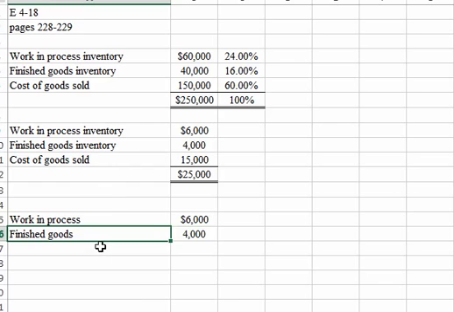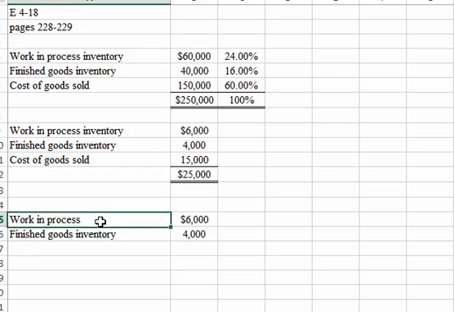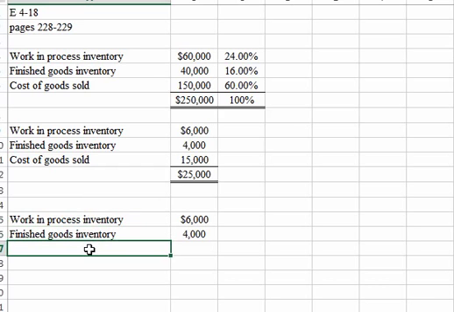And let's go ahead and include inventory on there. Because remember, those are inventory accounts. I'm sure you know that by now. And then we're going to debit cost of goods sold for $15,000.